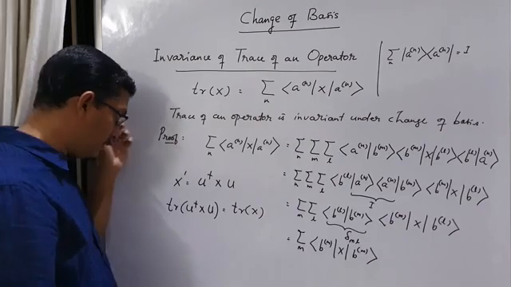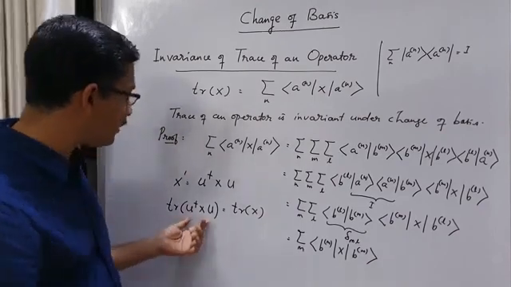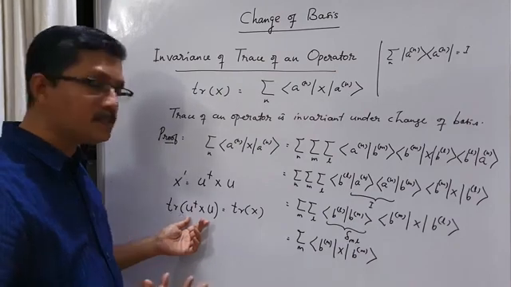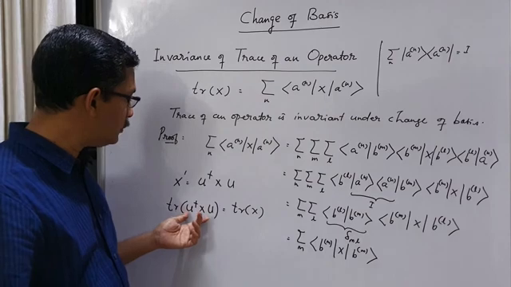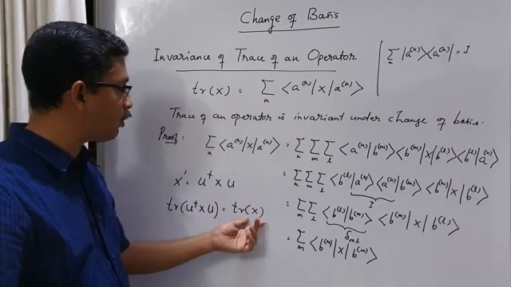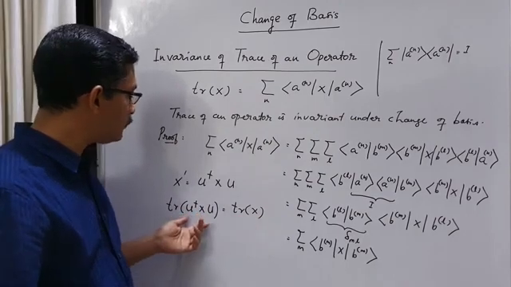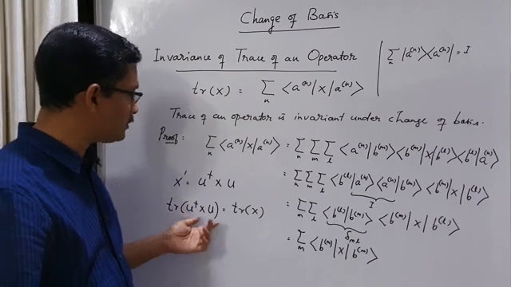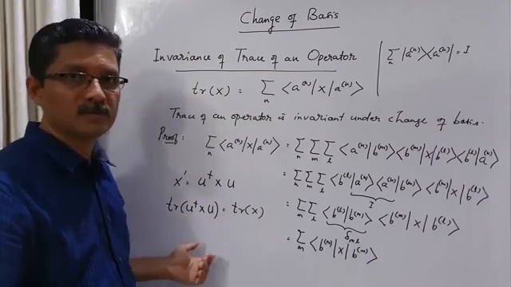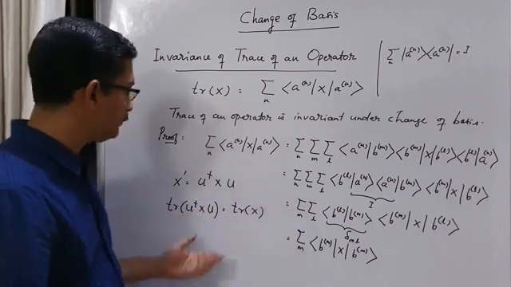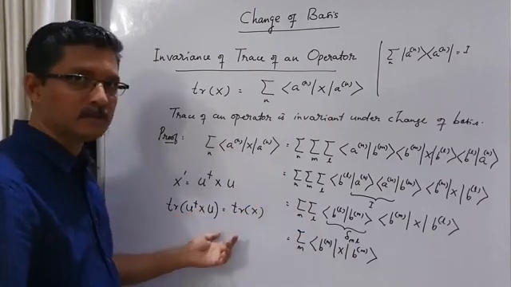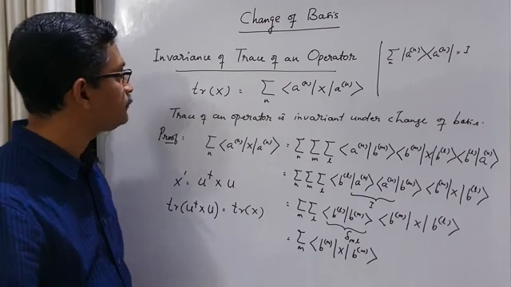So this is also another way, because u dagger xu is the changed operator under change of basis. So this is the operator in the new basis, and this is the operator in the old basis. So the trace of the operator in the new basis is the same as the trace of the operator in the old basis. That is what we have proved in another way also. You can try to prove it by this method also.